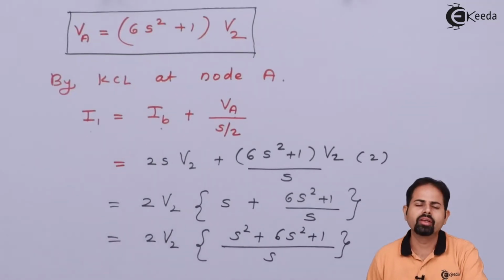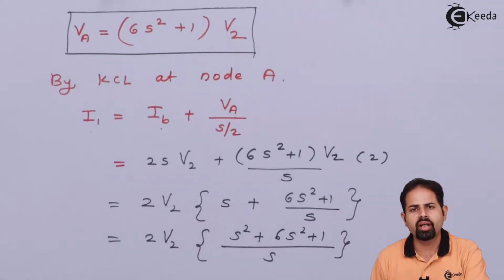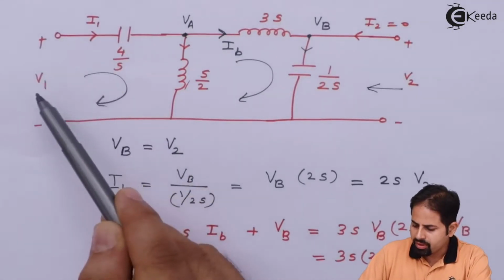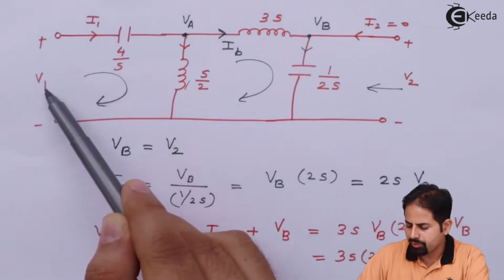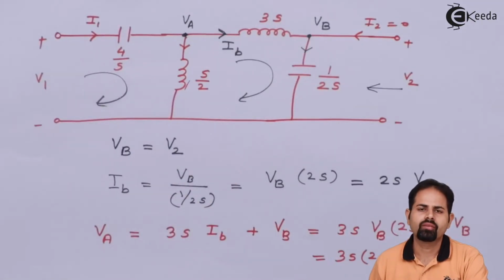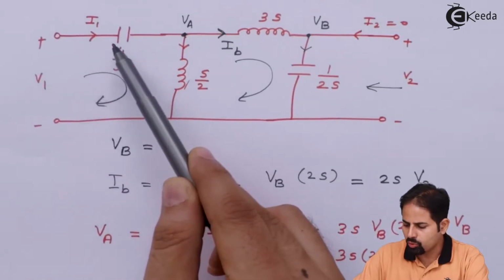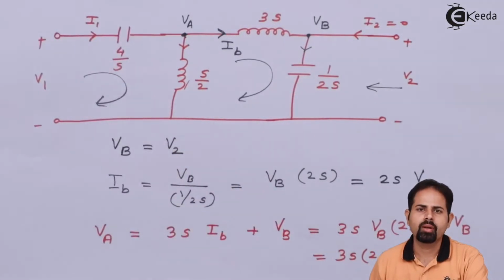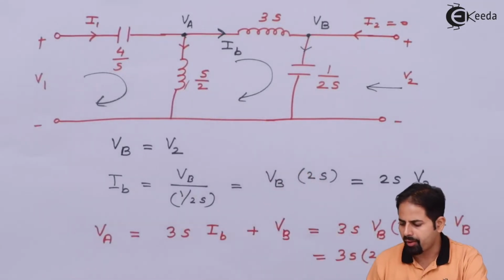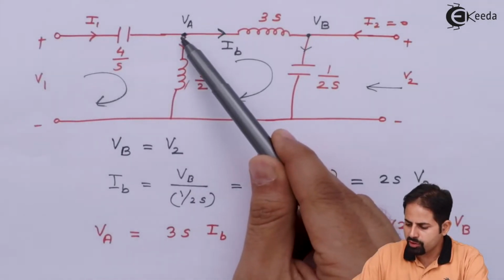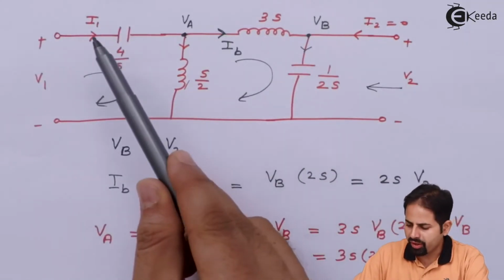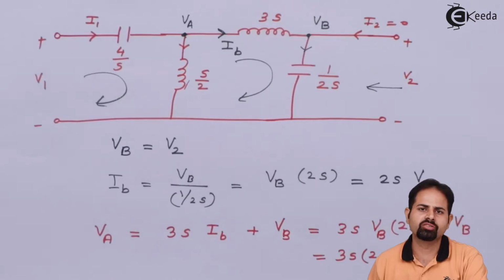So this is all about I1, but we are not done yet, because we want to get V1. For V1, we will apply KVL to loop number 1. Here you can see this is V1, and to get it I will apply KVL: voltage equals impedance into current plus this voltage, which is VA. We know VA because we have already calculated it, and we have also calculated I1, so it is easy to substitute them. So let's write the KVL equation for the given loop.